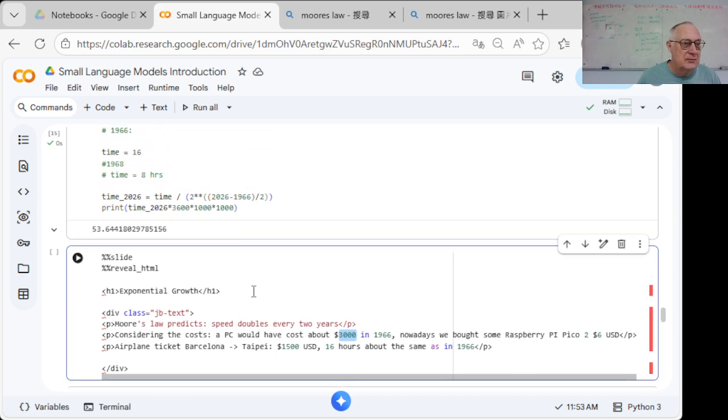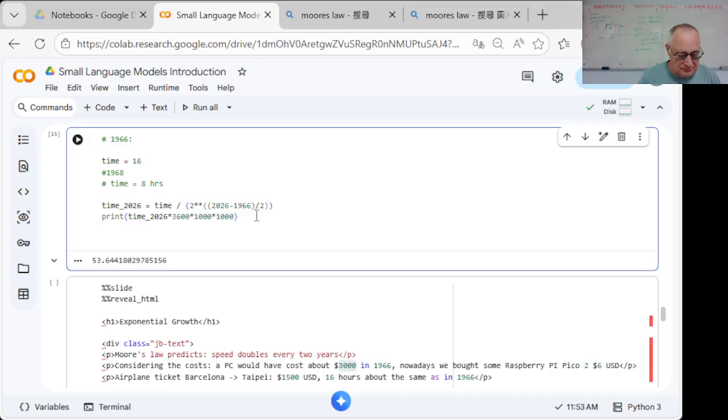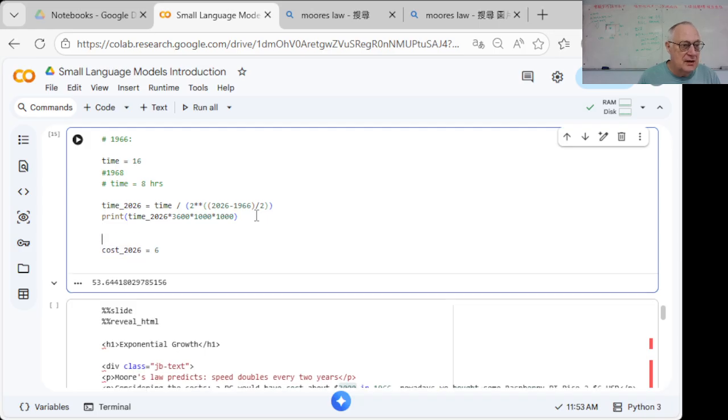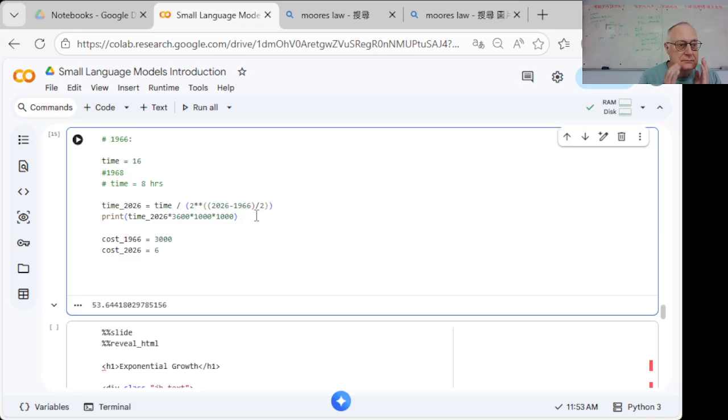And the cost would be, so here we need to figure out what the exponent is of the decrease, right?